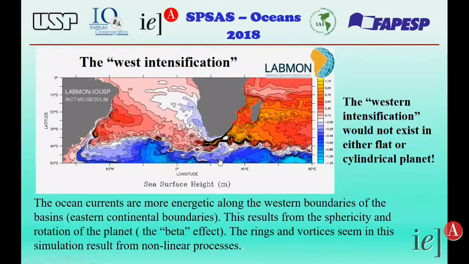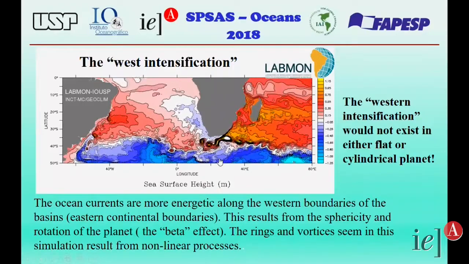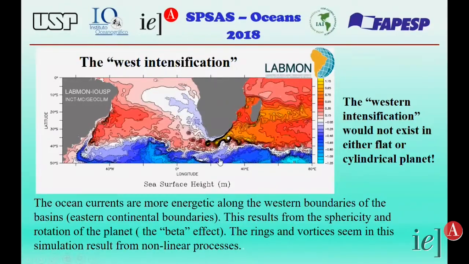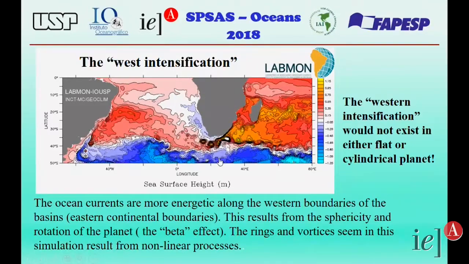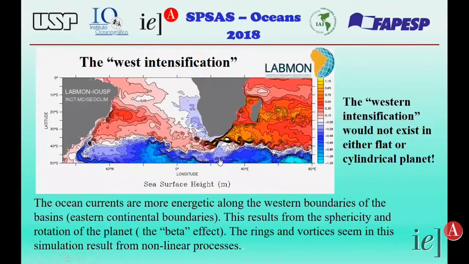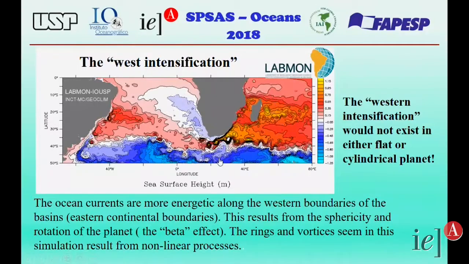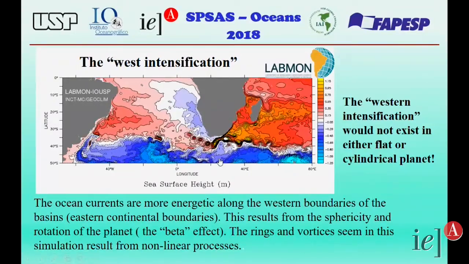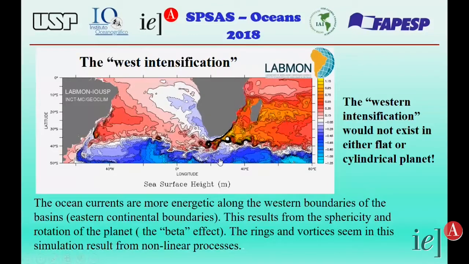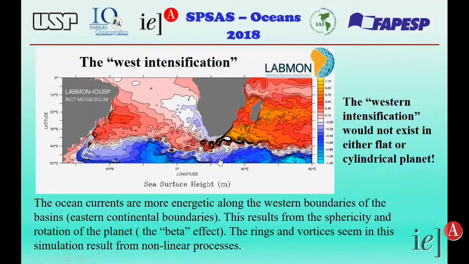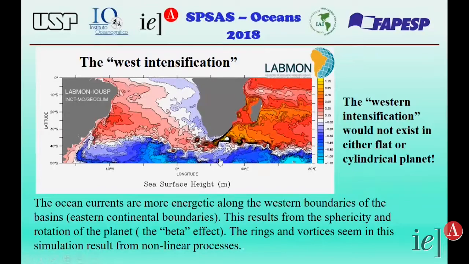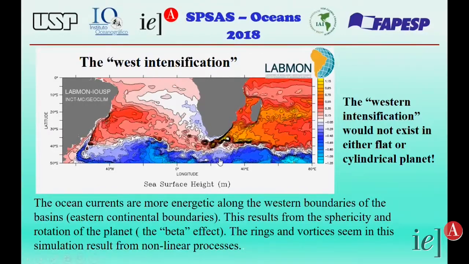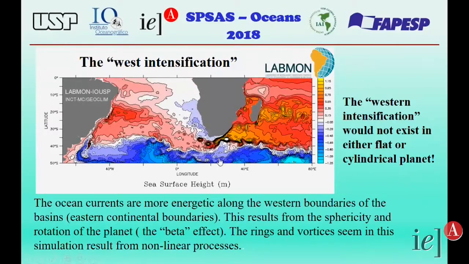The circulation of the ocean near the surface, the surface circulation that is mainly driven by the wind, has this sort of westward intensification, or western intensification. That is, the energy is concentrated more on the western side of the basin.